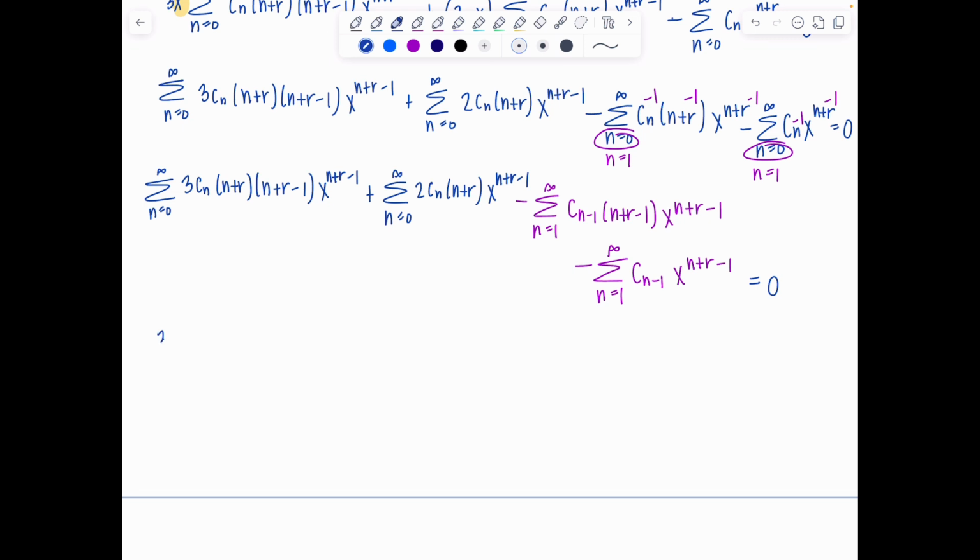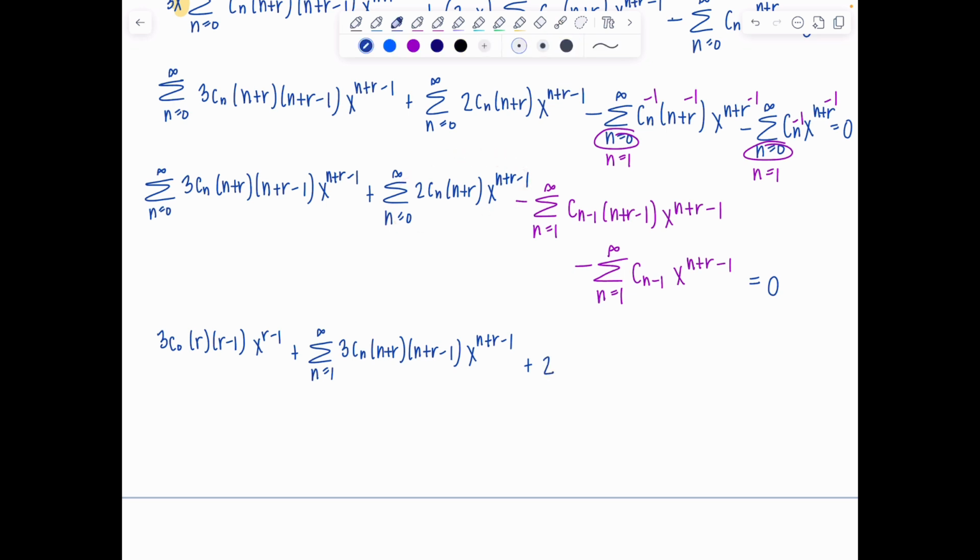So 3c naught times r minus 1 times x to the r minus 1 plus the sum n equals 1 to infinity 3cn n plus r minus 1 x to the n plus r minus 1 plus, now I'm going to write the n equals 0 term separately here.